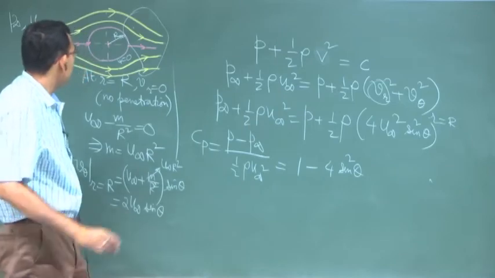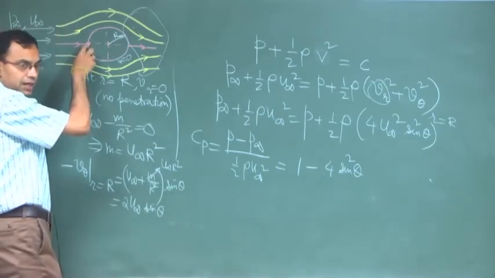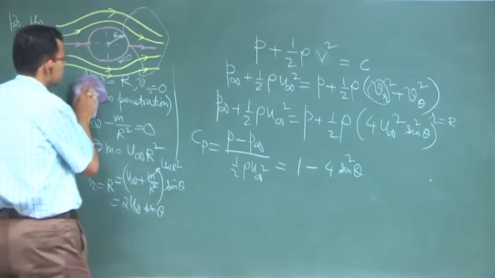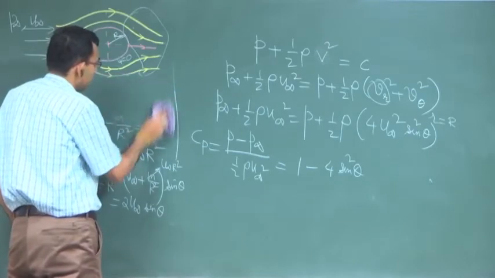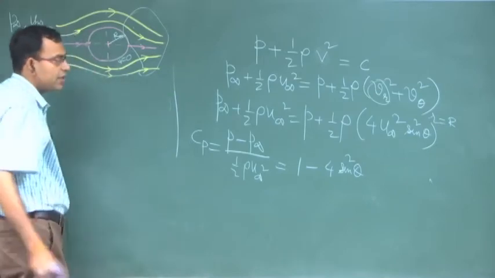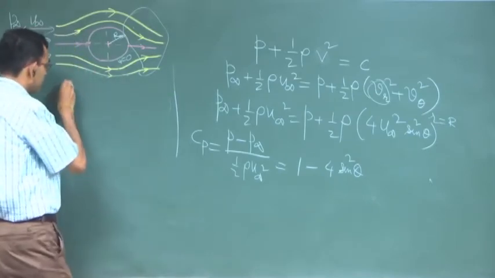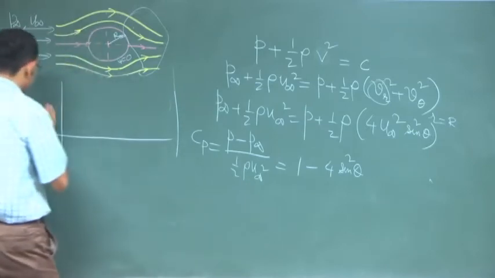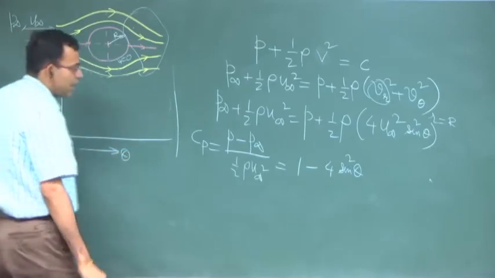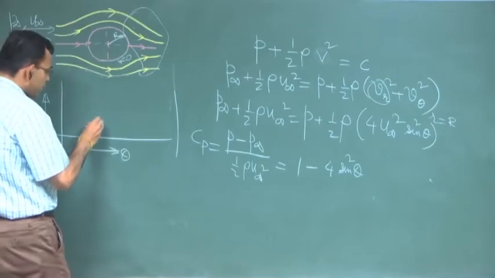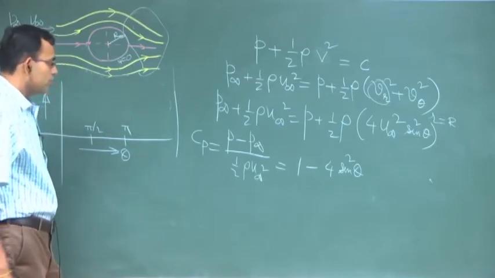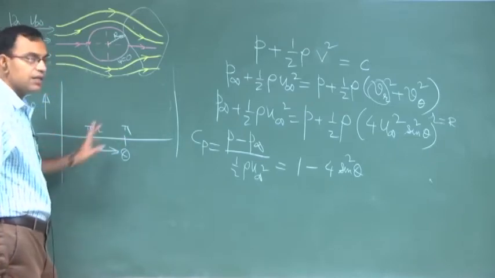If you calculate it, you start from theta equal to 0 here, and if you make a sketch of Cp versus theta, you get something very interesting if you compare it with a practical experimental situation. Let us say this is pi by 2 and this is pi. Let us say this half cycle is of our interest.